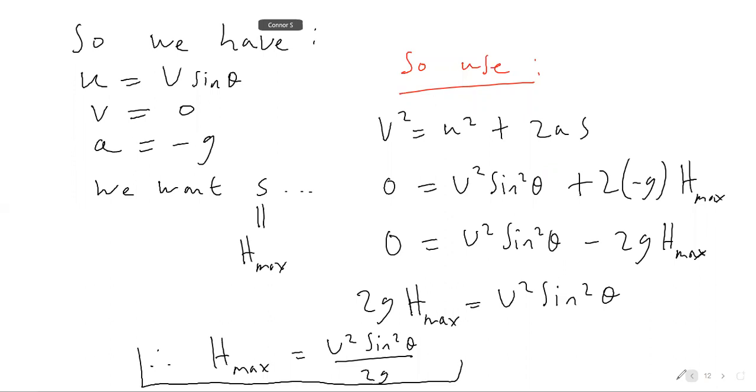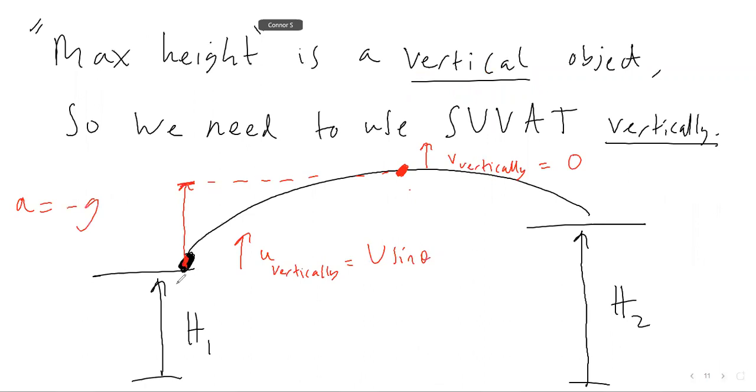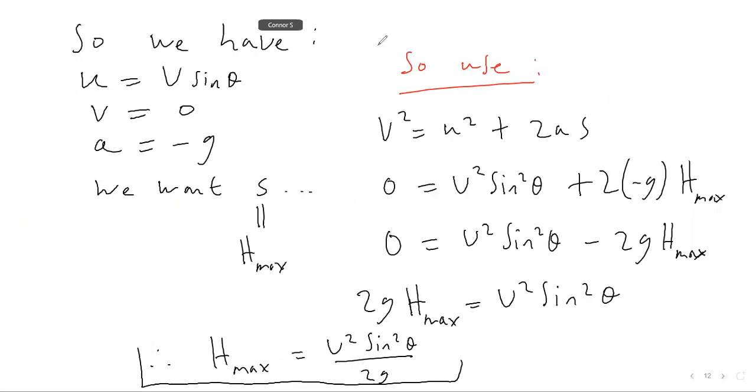But now I've just realized a mistake that I've made, because remember that we are already h1 meters above the ground. If we're some meters above the ground already, we need to add on this extra initial height.